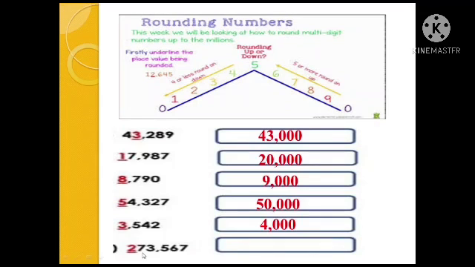Even if it is a bigger number, we have to round off to the nearest. So it may be round down or round up, and that will be decided by the next number. The next number after 2 is 7, which is greater than 5. So we can round up. So the nearest lakh is 300,000, or 3 lakhs.